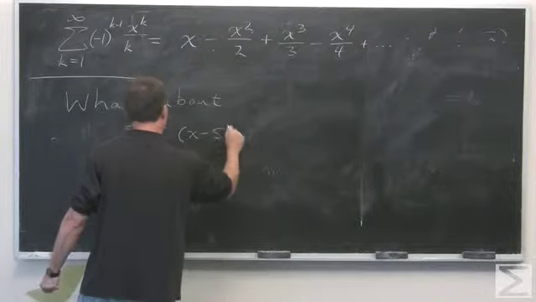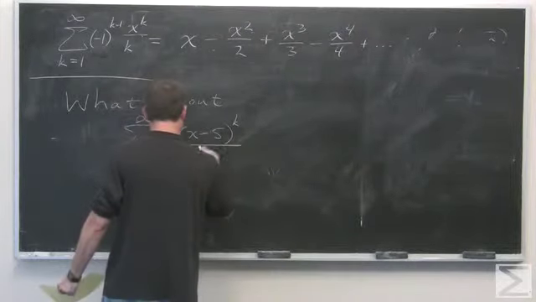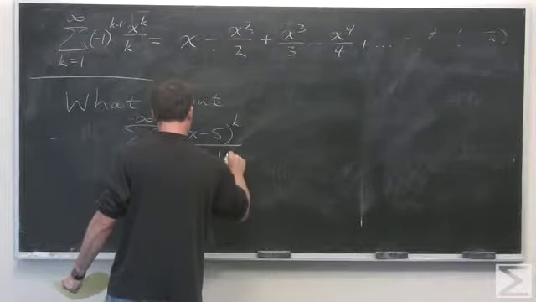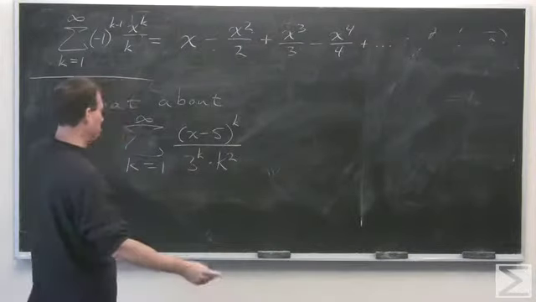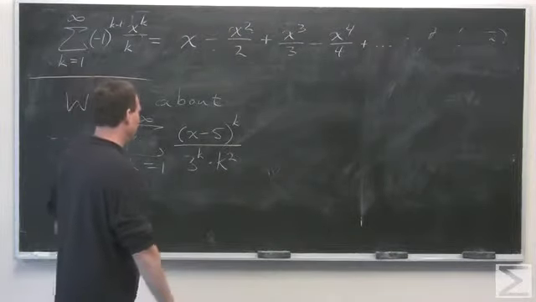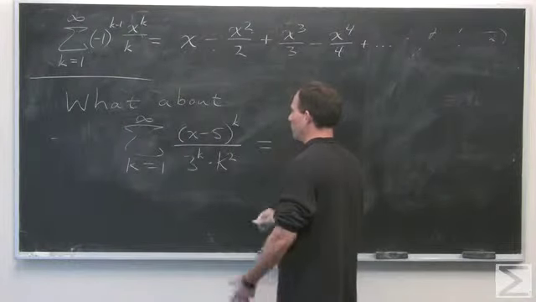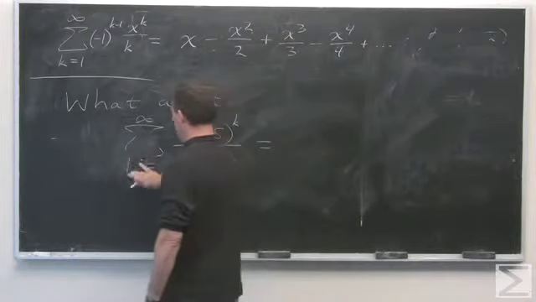So what about the power series x minus 5 to the k over 3 to the k times k squared? I don't know of any nice function so that this is its Taylor series centered at 5. This doesn't have to be the Taylor series of some nice predefined function.